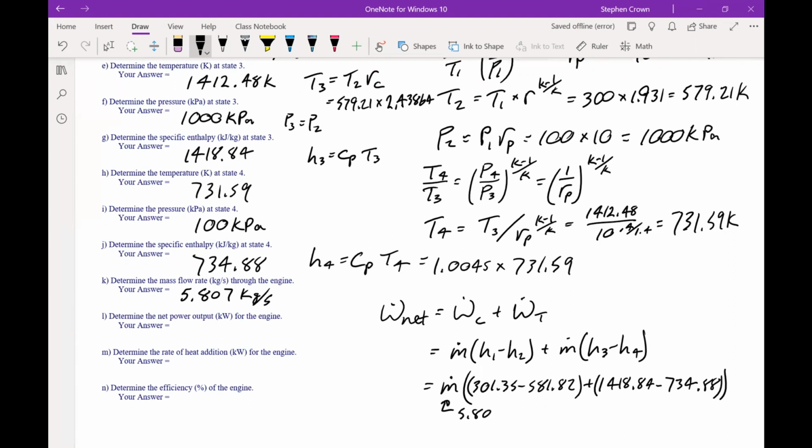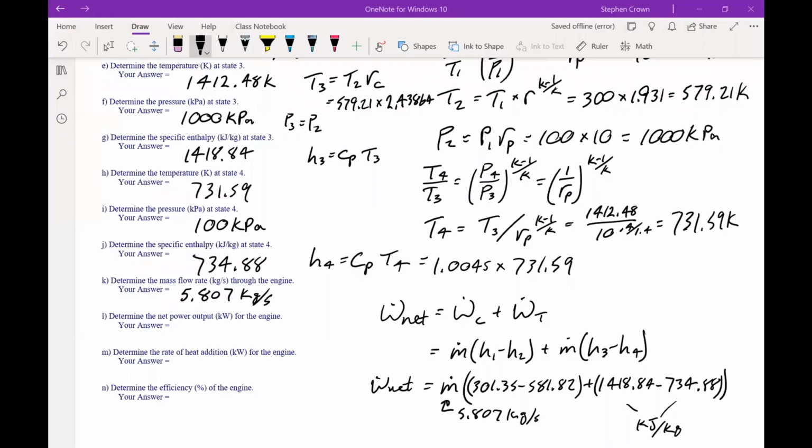And since we have kilograms per second in each of these terms, with kilojoules per kilogram, we'll get kilojoules per second, which is kilowatts. And when I do the calculations, I get 2,343.07 kilojoules per second or kilowatts.